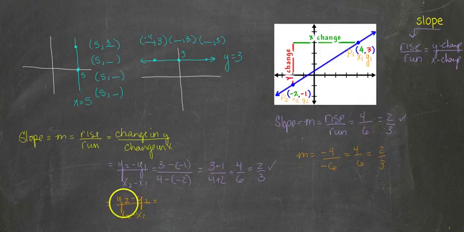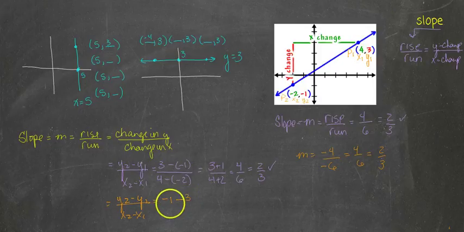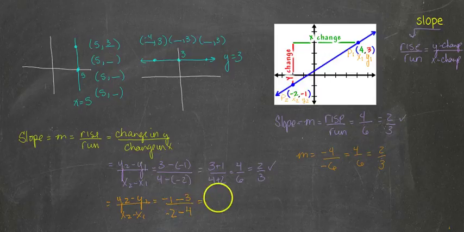Equals, okay, y2 in this case is -1. -1 minus y1 is 3 over x2 is -2 minus x1 is 4. So -1 minus 3, and -2 minus 4 is -6. 2 negatives makes a positive.